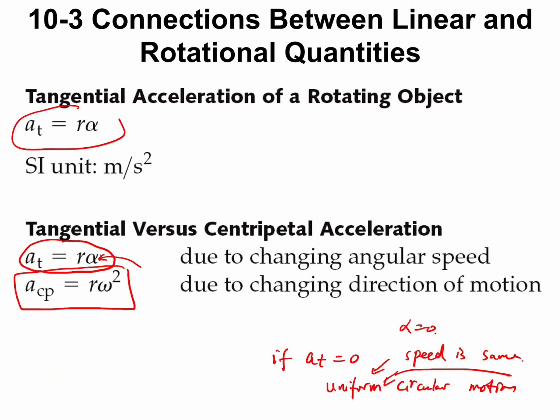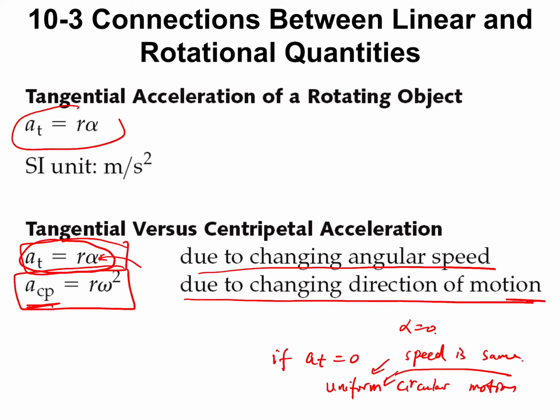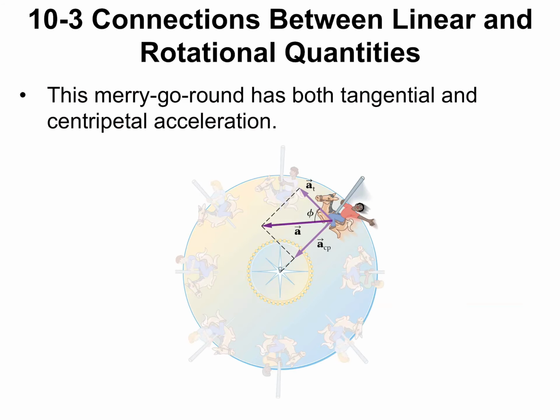So they are responsible for different things. Tangential acceleration is due to the changing angular speed, and centripetal acceleration is due to the changing direction. Because you have two accelerations, one tangential and one radial, the net acceleration equals AT plus ACP.